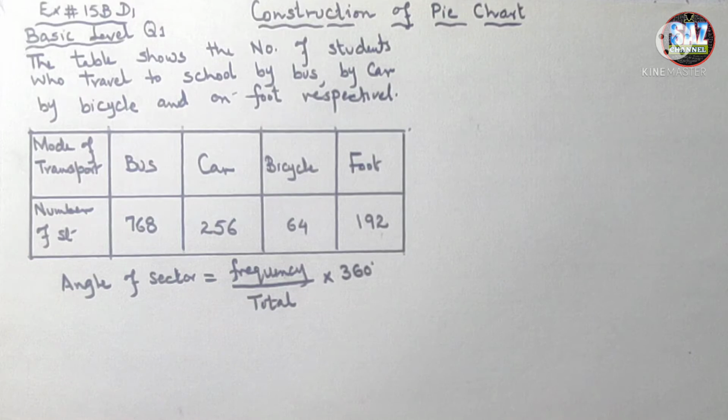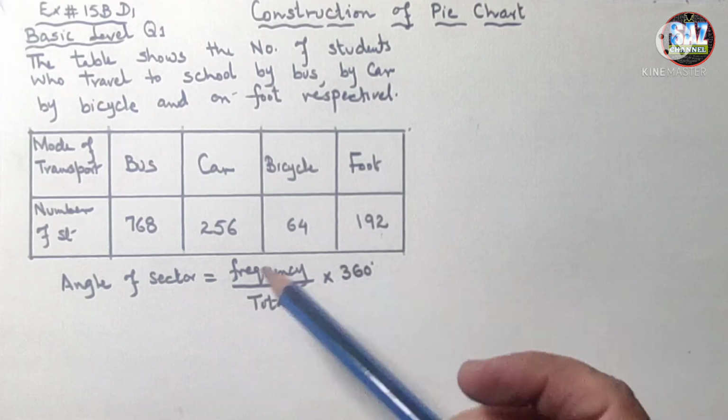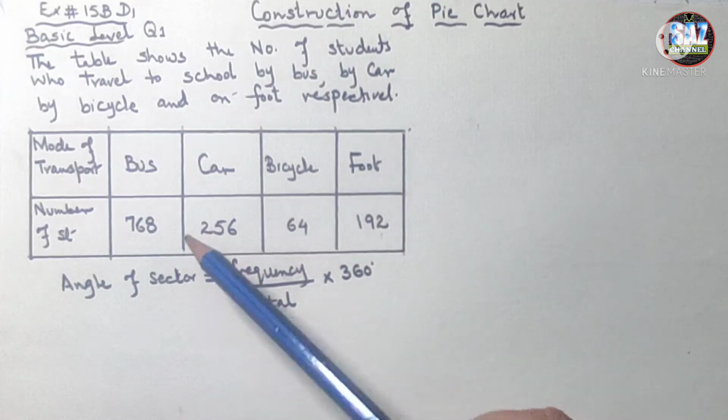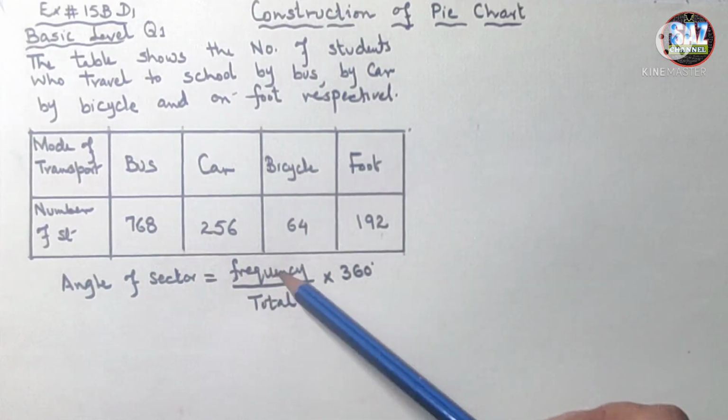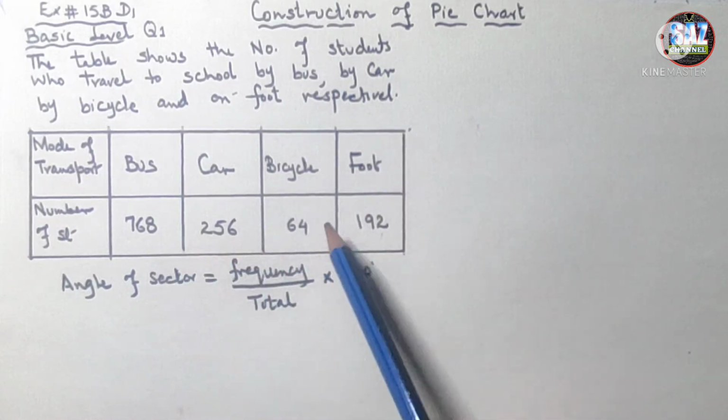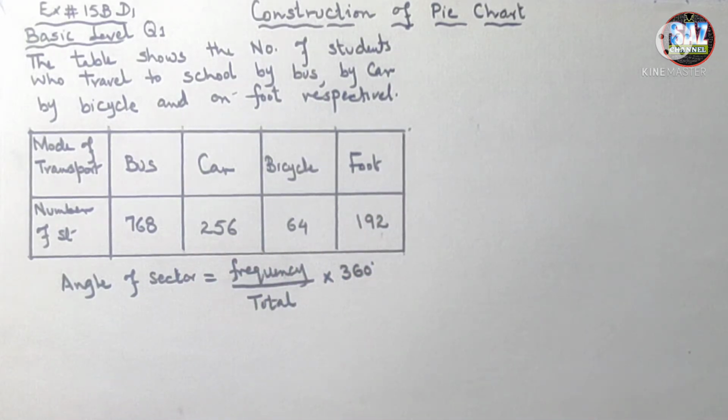For that purpose, we use the formula: angle of sector equals frequency upon total, multiplied by 360. For the bus, the frequency is 768. For the total, we have to add up all these numbers. So first let's find the total of this data: 768 plus 256 plus 64 plus 192, and this gives me 1280.